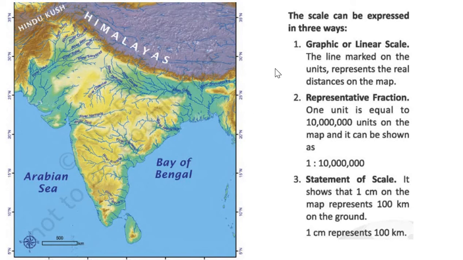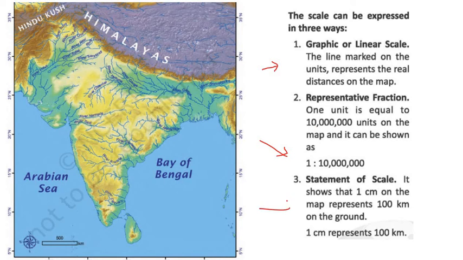So as I was saying, the scale can be represented in three ways. I am again doing a recap. The first is the graphic or linear scale. The line is marked with units representing the real distances on the map. Next is, see, like this, the representative fraction. So 1 unit on the map is equal to 10,000 units on the ground.